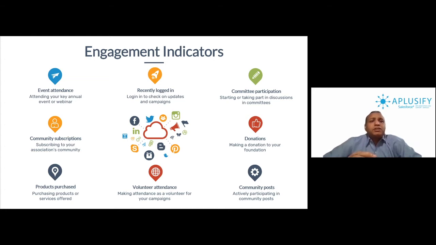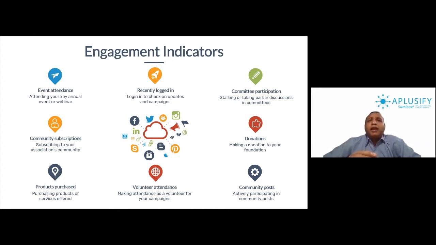So products purchased or services offered is one of the engagement indicators that you can use. Then how many volunteers are actually attending as volunteers for your campaigns? That is one of the indicators that you can take. Committee participation is one of the indicators. Then making donations to your foundation can be an engagement indicator.